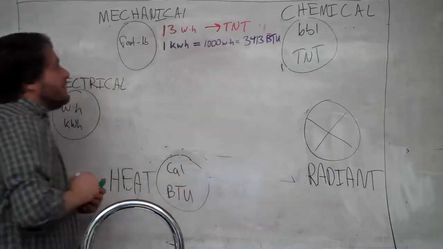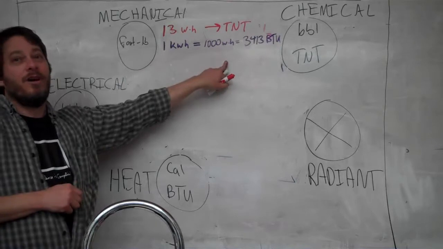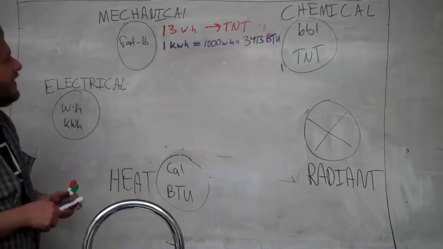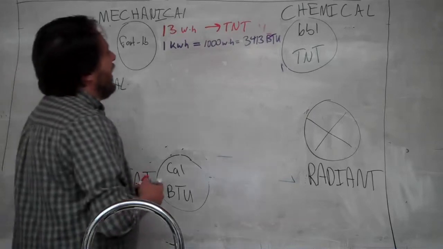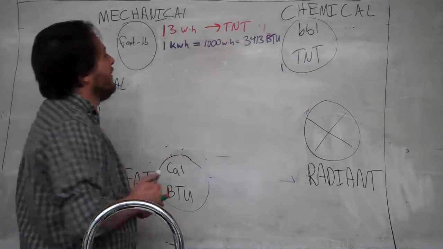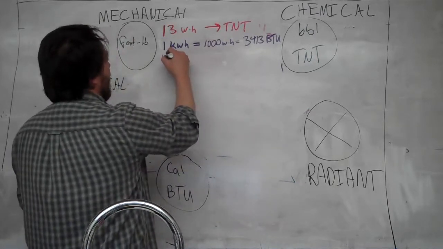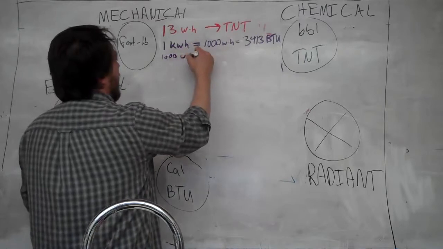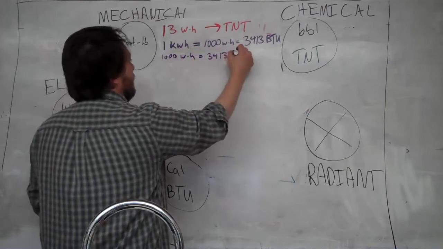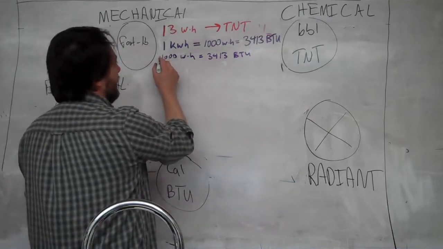Okay, so first of all, I'm going to have to convert watt hours to kilowatt hours, I guess. Or I could just divide this by 1,000, because what this is basically saying is 1,000 watt hours is 3,413 BTU. So I can divide this by 1,000.